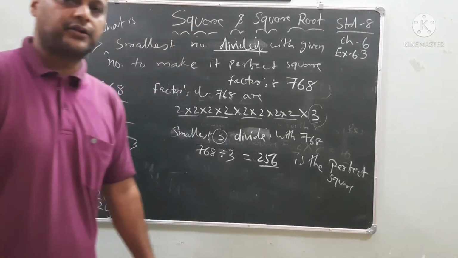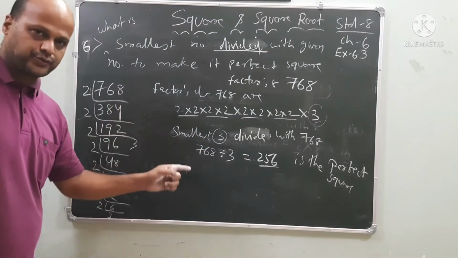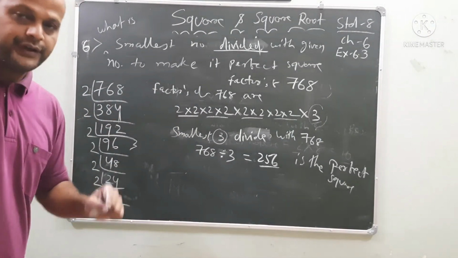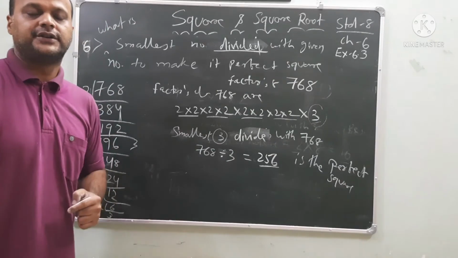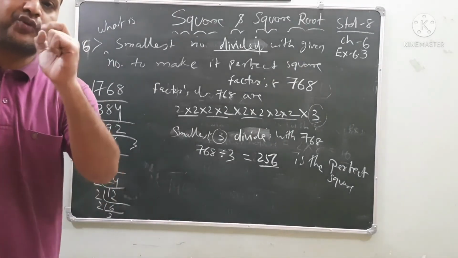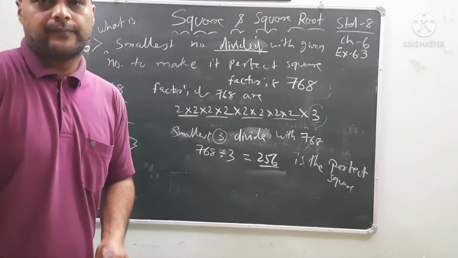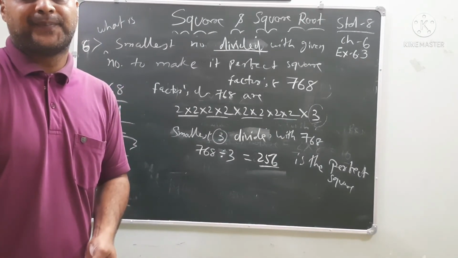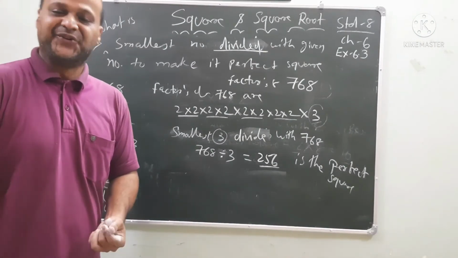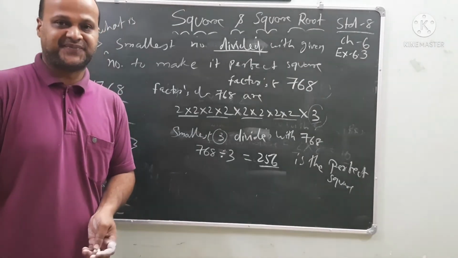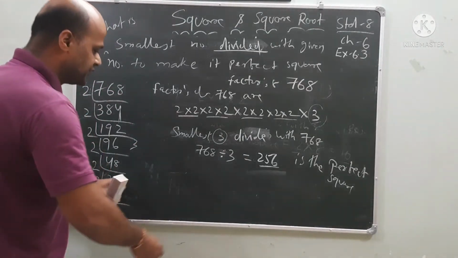So, my dear students, is it understood to you? Good. Now my question to you, my dear friends. What is the square root of 256? Good, you just try it. Yes, how much?